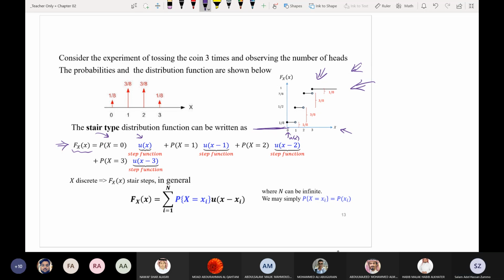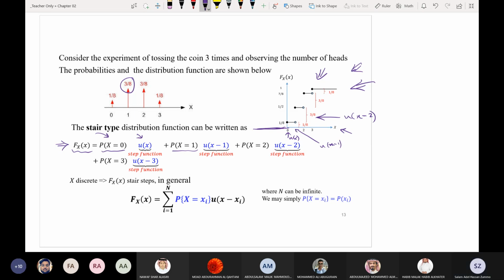Multiplied by the probability of x equals 0. يعني length ارتفاع الستيب function at x equals 0 equals the probability of x equals 0. Plus another step function which is u of x minus 1. ارتفاعها ايش؟ probability of x equals 0 x equal 1 هذه هي 3 over 8. And then plus a third step function which is u of x minus 2 located at 2.